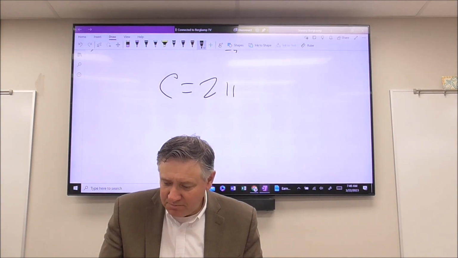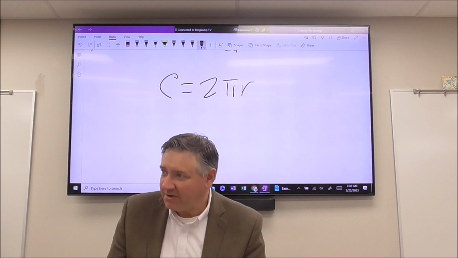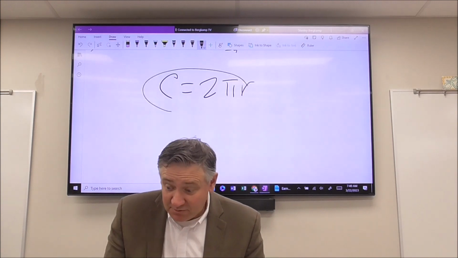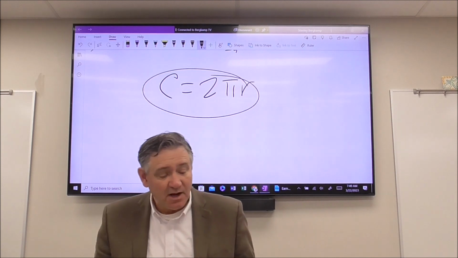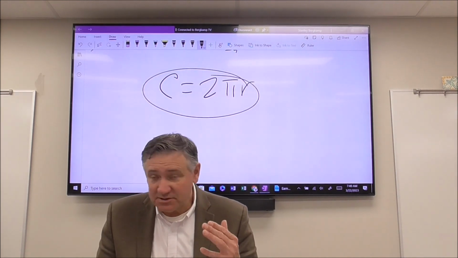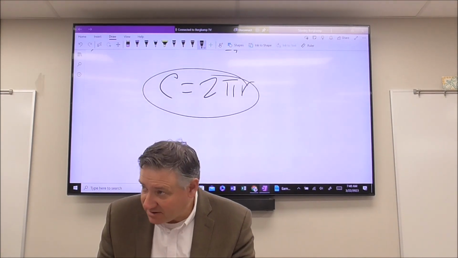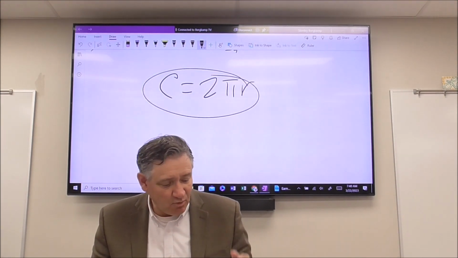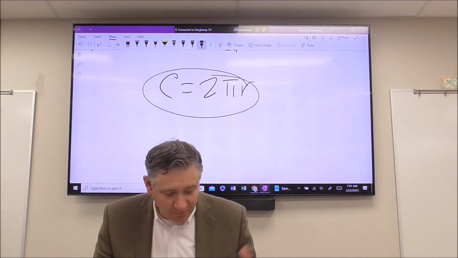If you just write 2 pi r, that is not showing me the work. You need to write that down, but then you also need to say, what are the numbers? I only want these calculations for trial 1. I don't want to see all 12 sets of calculations, but I want to see one complete set of calculations for trial 1.